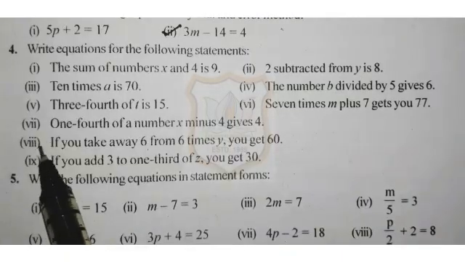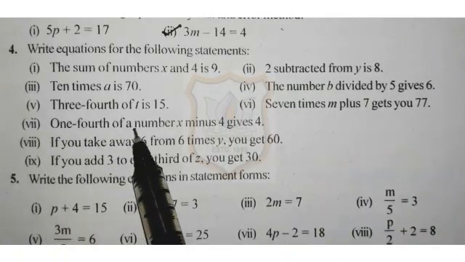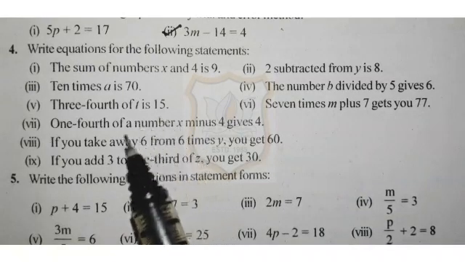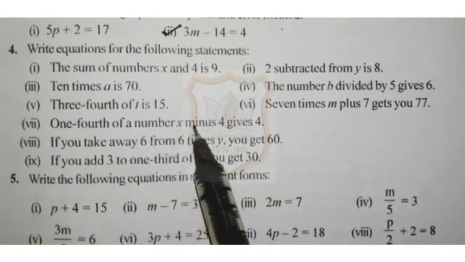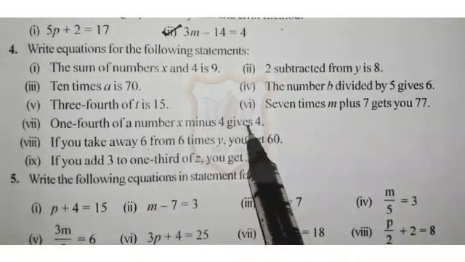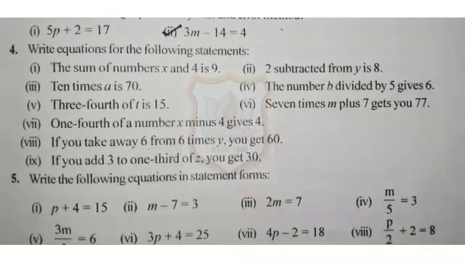Now students, seventh part is: 1/4 of a number x, minus 4, gives 4. It means you have to divide this x by 4, then subtract 4 from it, and the result is 4.